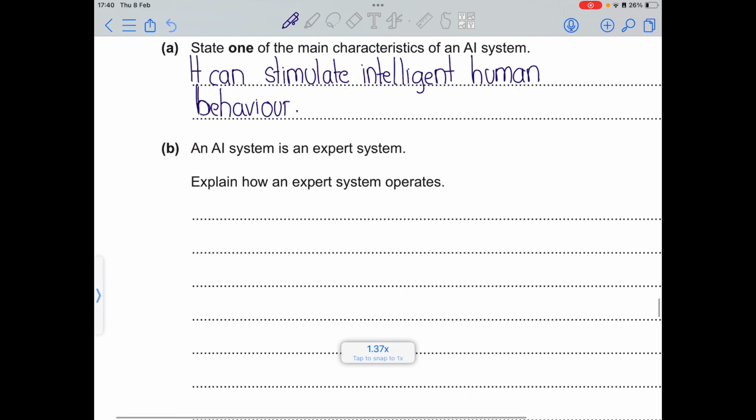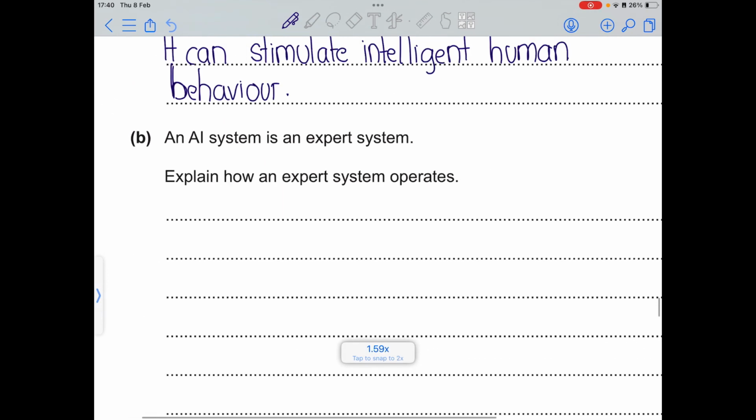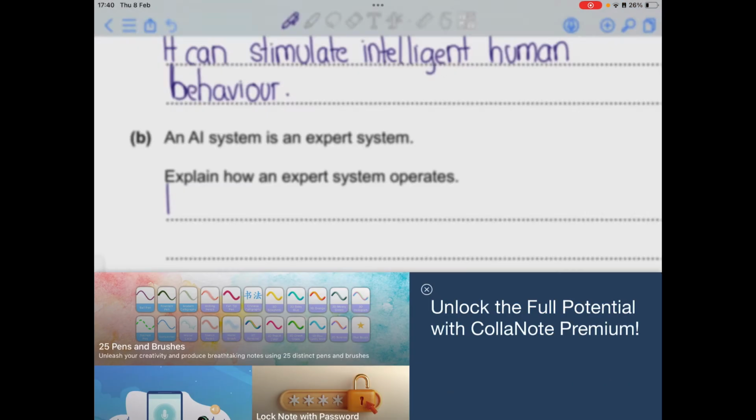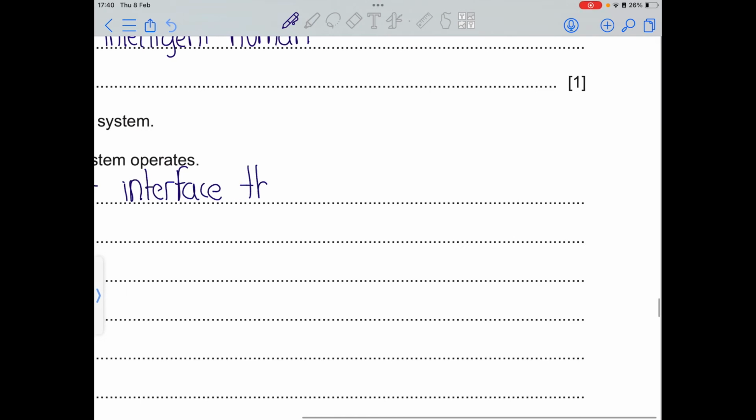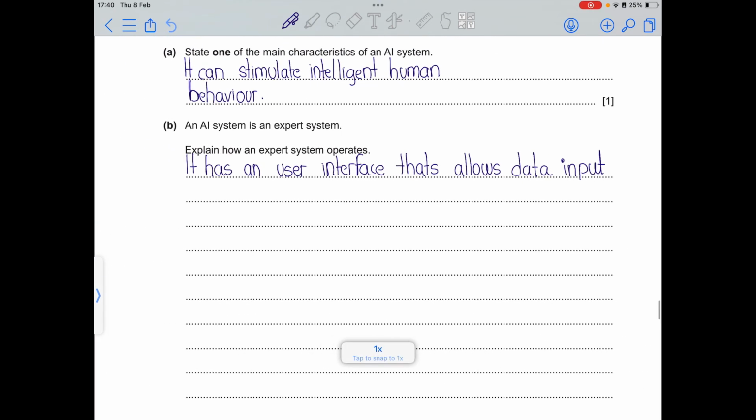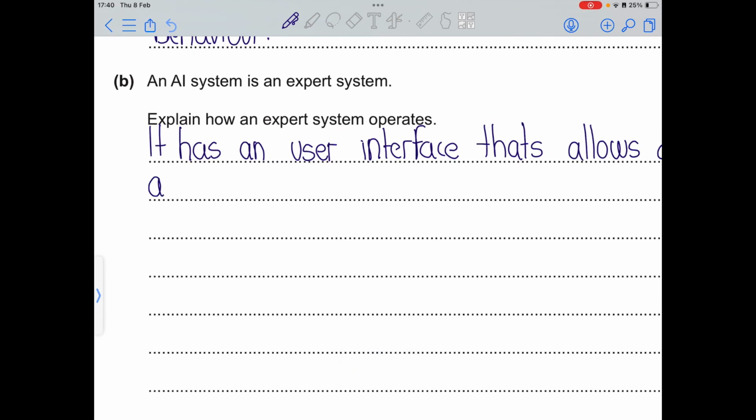An AI system is an expert system. Explain how an expert system operates. Now, when you talk about an expert system, it has a user interface that allows data input and output.